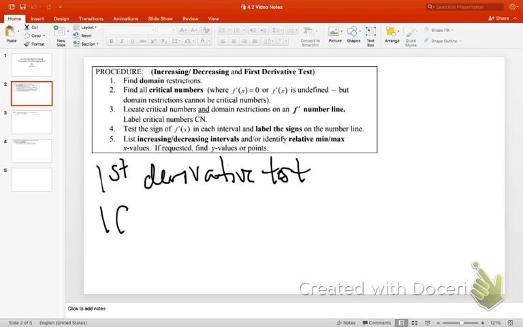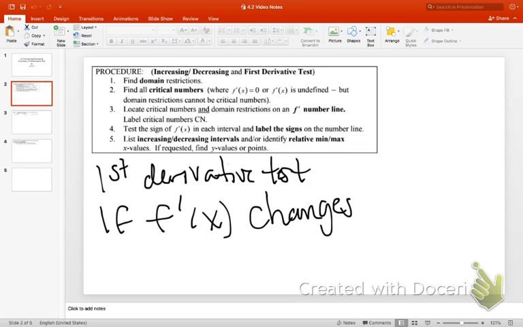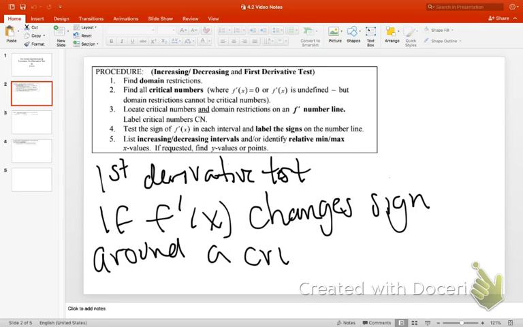If f prime of x changes sign around a critical number, then the function f of x has a local or relative extrema.